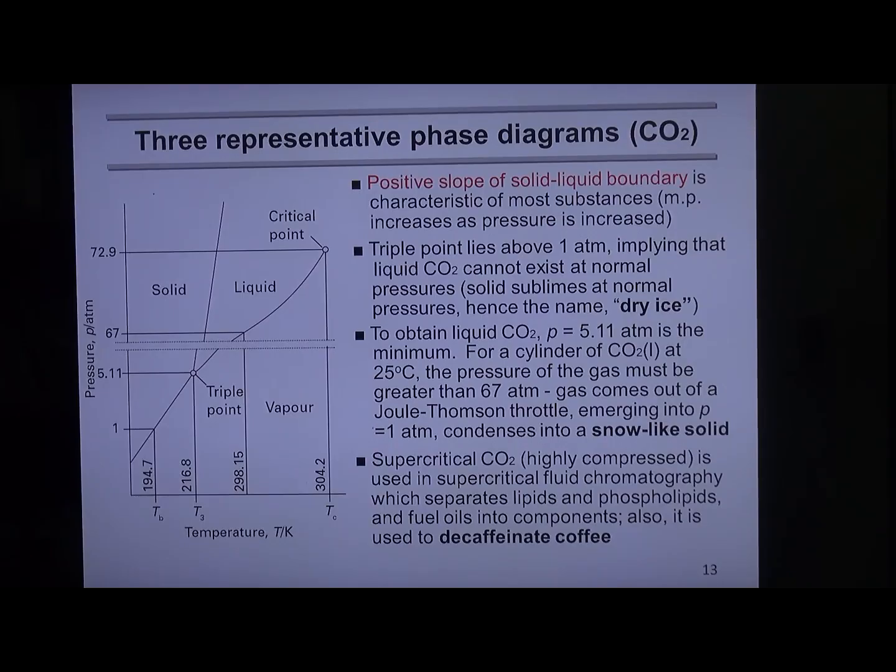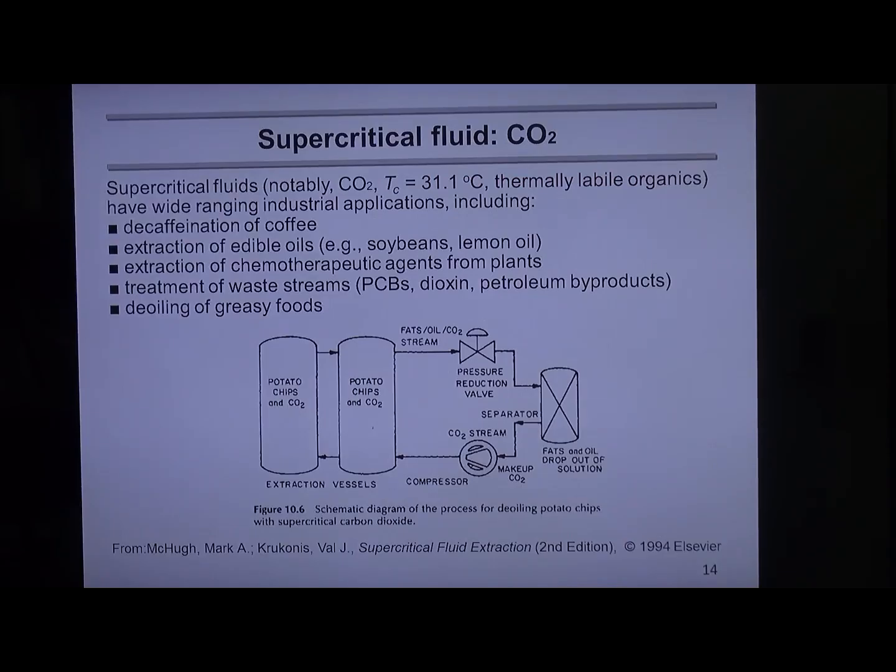And as I mentioned, supercritical fluid has very interesting properties because it is in between liquid and gas. So it is used in many different applications. Especially, supercritical fluid has good properties of dissolving material, very good solubility. So it is used for many different types of extraction, decaffeinating of coffee or extraction of oils, etc.